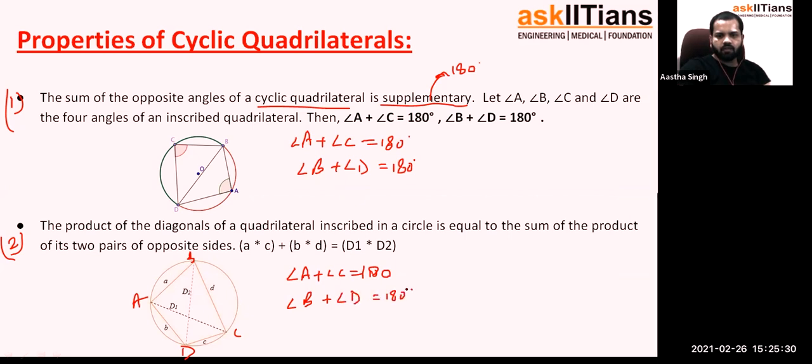If two diagonals are there, AC is D1 and BD is D2. The product of the diagonals D1, D2 is equal to the sum of the products of its two pairs of opposite sides.